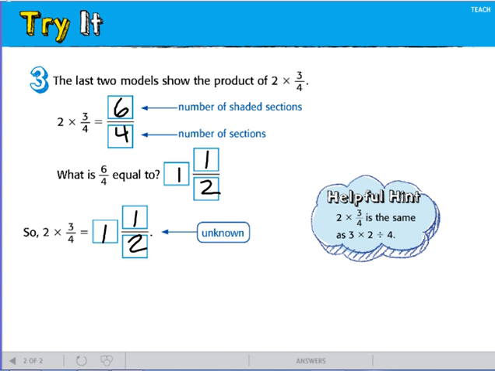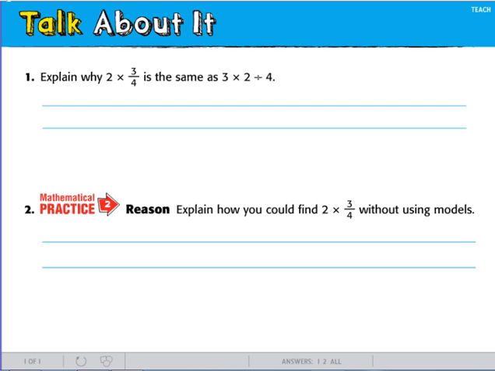Okay? You want to see 1 and 2 right here? Now, I'm going to do 1 and 2 with you. One more time, just for me. Why do we know that this is the same as this?